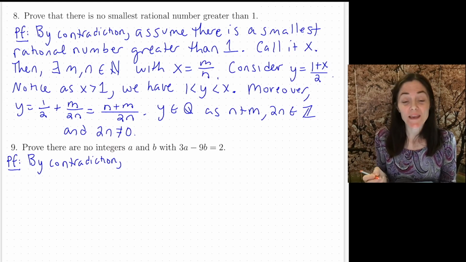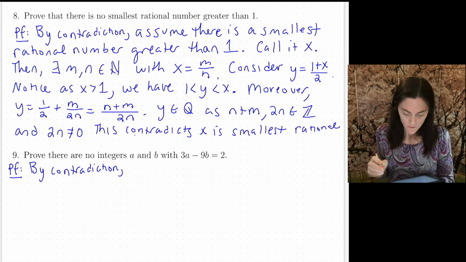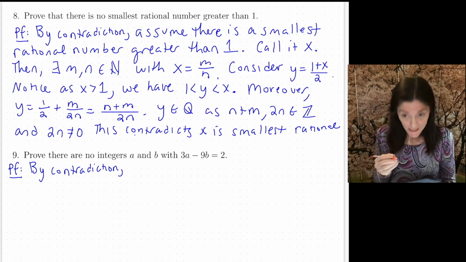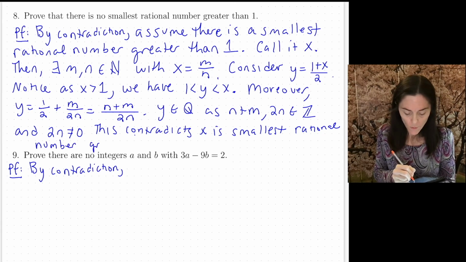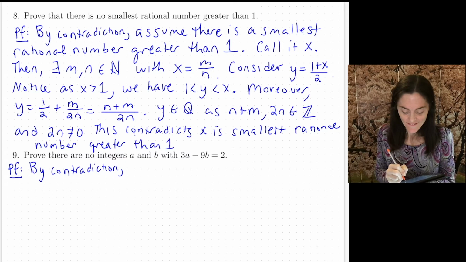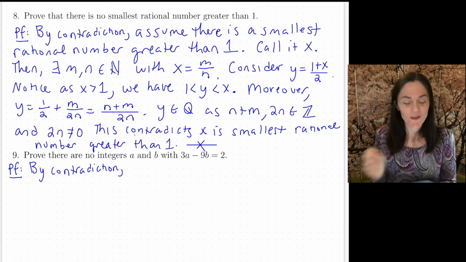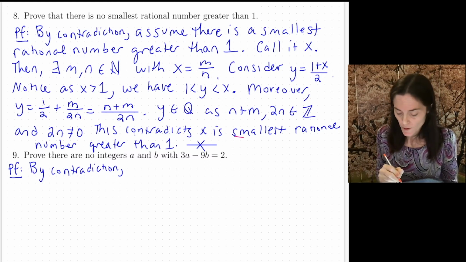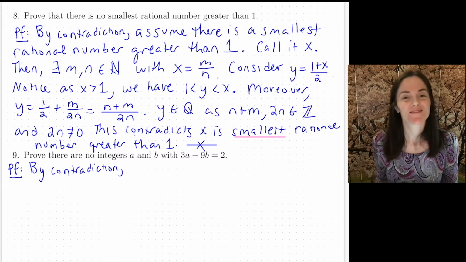And so we have our contradiction. This contradicts that x was the smallest rational number greater than 1. And this is the end of this proof by contradiction. Like I said, we were contradicting this word right here, smallest.